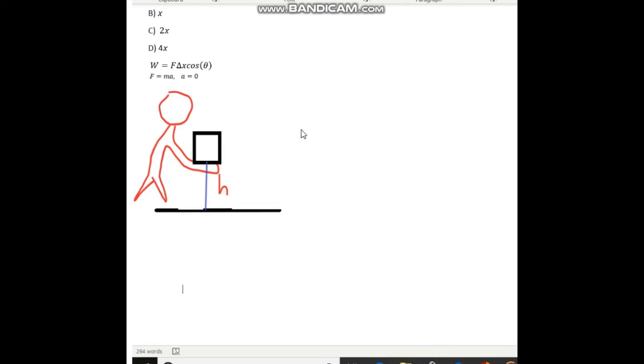Now we want to check what's going to be the work needed, because first the work needed for you to take this object of mass m from the ground to this point was x. So now we want to check how much work is required for you to lift this object from the ground to the same position but with the time 2t.